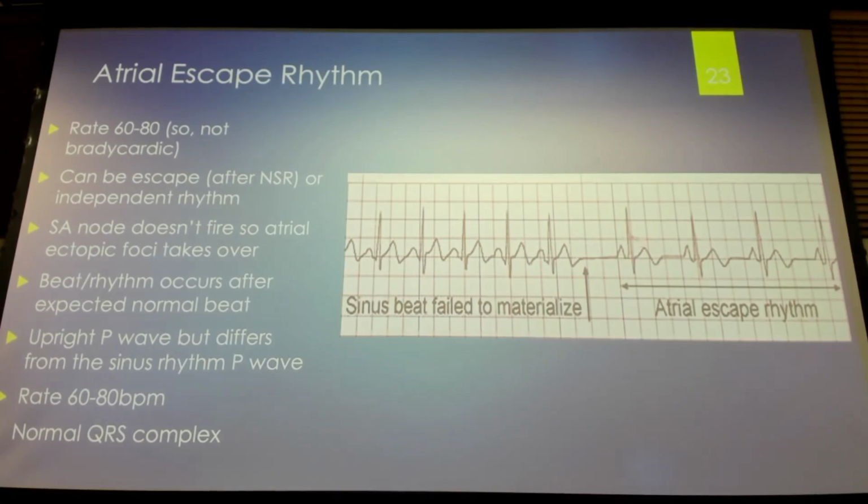So we know that we have a slight delay in depolarization here, because otherwise if this was regular, we go here, and we have another depolarization about right here. Because we didn't have that, something else is picking up, happens with the atria, and we know that because we have an upright P, it just looks a little bit different than these P's over here. Right for this, 60 to 80.